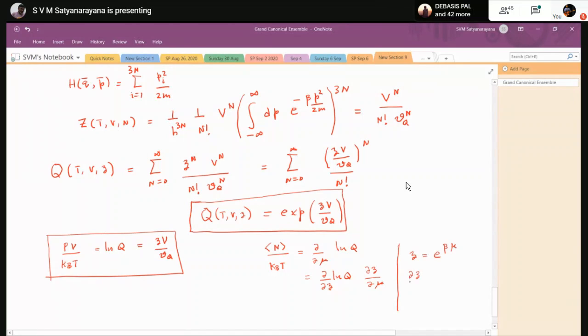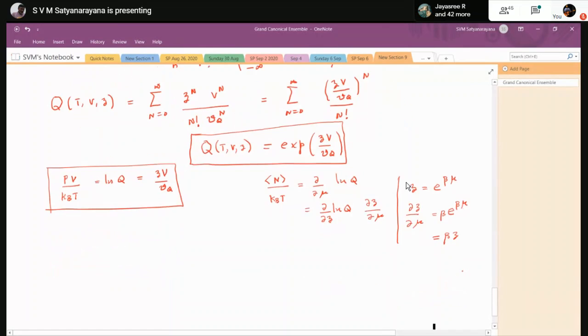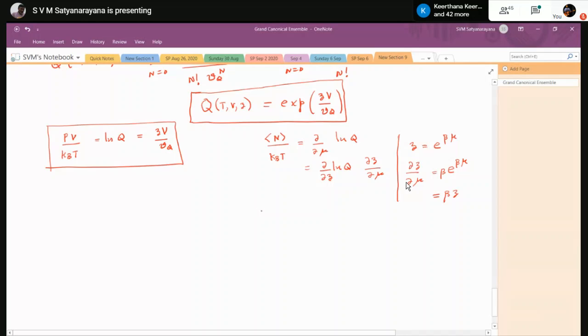So dou z by dou mu is equal to e to the power beta mu into beta, which is nothing but beta into z. So now you have the average number of particles divided by kBT equal to beta z into dou by dou z of the logarithm of Q. But this beta is 1 by kT, so there is a 1 by kT here, and the two will cancel. So you have the average number of particles is simply z dou by dou z of the logarithm of Q.